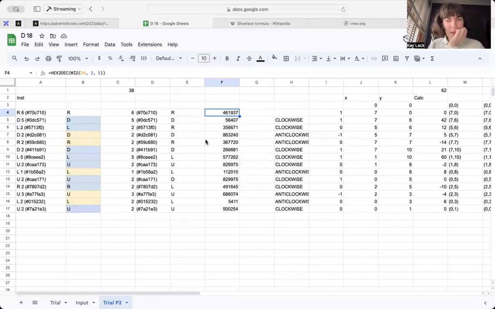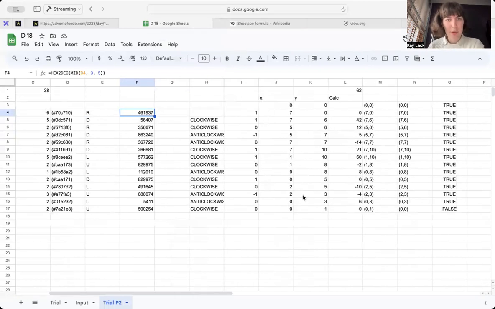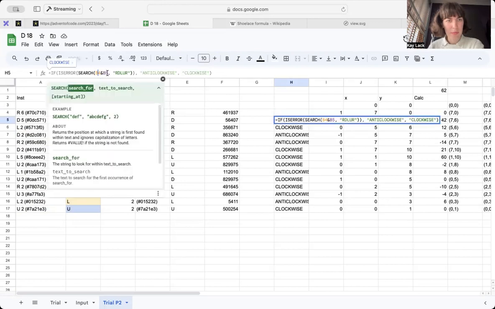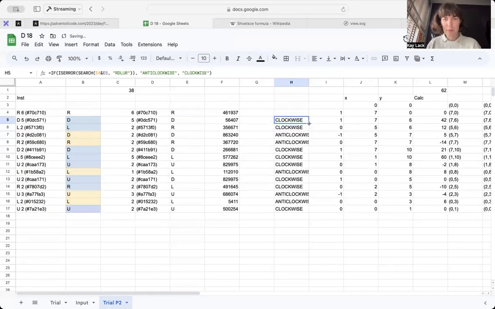Now all that remains is to use this in these cells. So this should now be E. They should, oh no, they don't necessarily need to be the same.